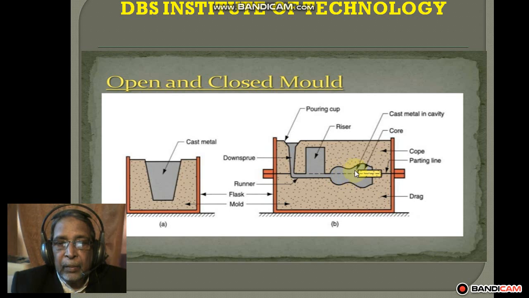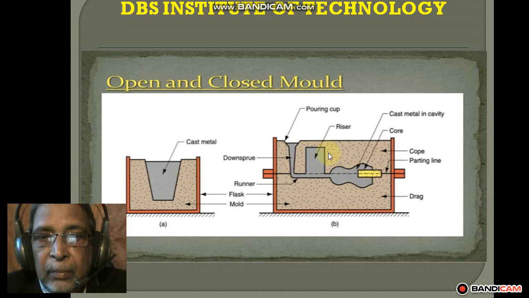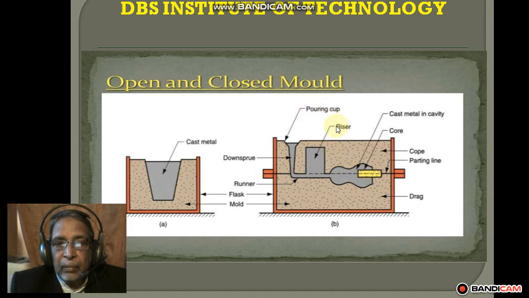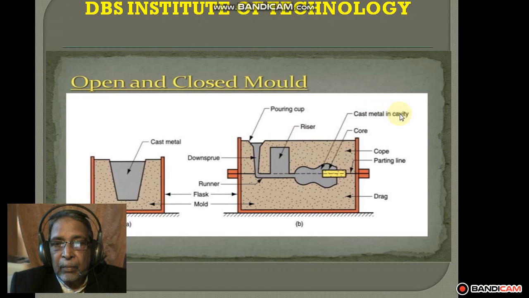Some of the parts of this closed mold are: pouring cup, riser, cast metal in cavity, then core, then cope, then parting line. It's the parting line from where the mold can be opened after casting. Then finally it's a drag.